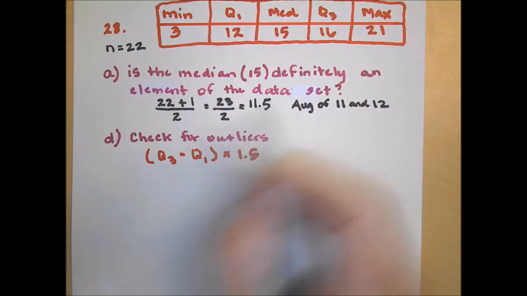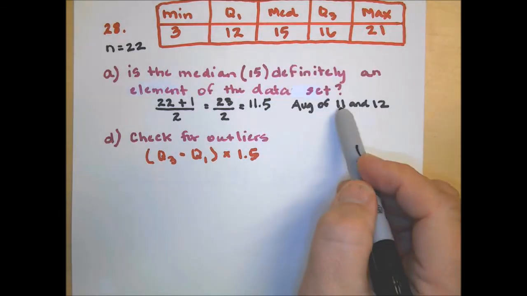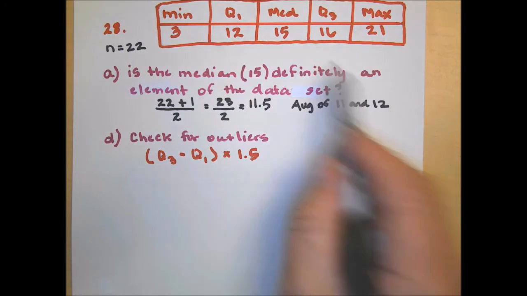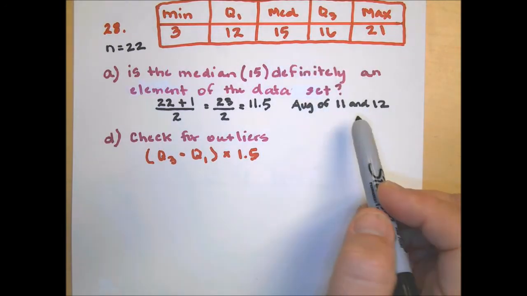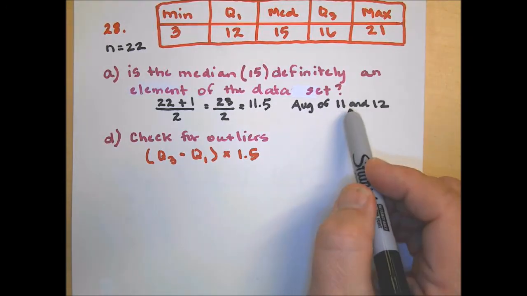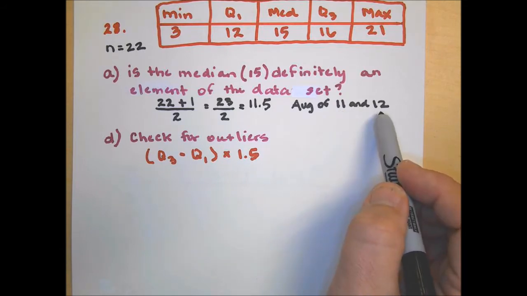So we don't know for sure whether there really was a 15. If the 11th piece of data was 15 and the 12th piece of data was 15, then that would give us a median of 15. But it doesn't have to be like that. Another thing could have been the 11th piece of data could have been a 14 and the 12th piece of data could have been a 16.